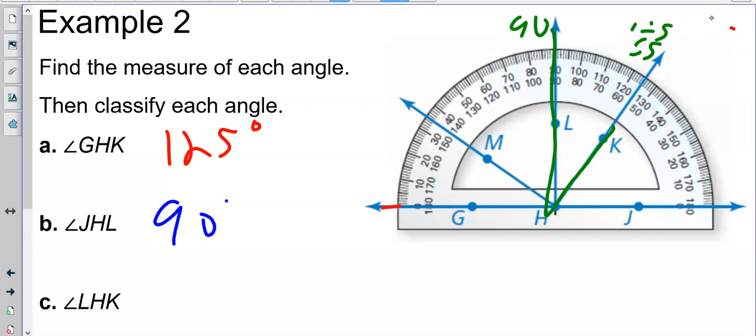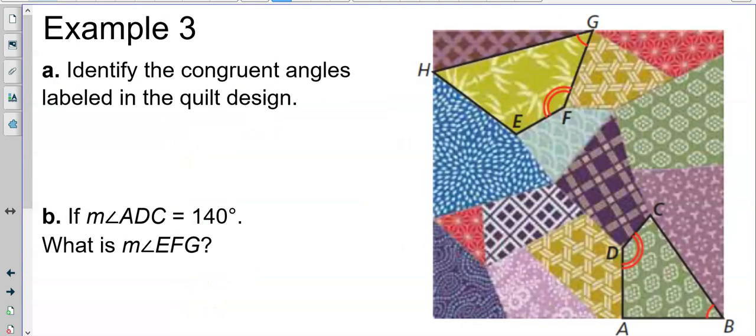Either way, when I subtract those, 90 minus 55 or 125 minus 90, I'm going to get 35 degrees. And when I say absolute value in the postulate earlier, I could actually do 90 minus 125, which is negative 35, but then the absolute value, which is always positive, would be 35.